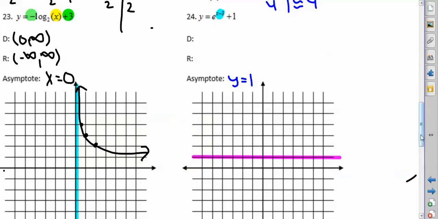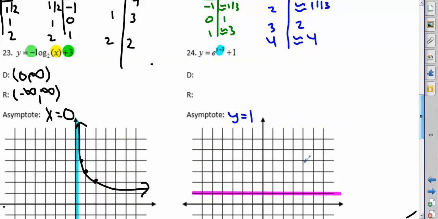So when I'm plotting my points, I have 2, and approximately 1 1/3. I have 3, 2. And then 4, 4. Remember, it approaches the asymptote. And up.